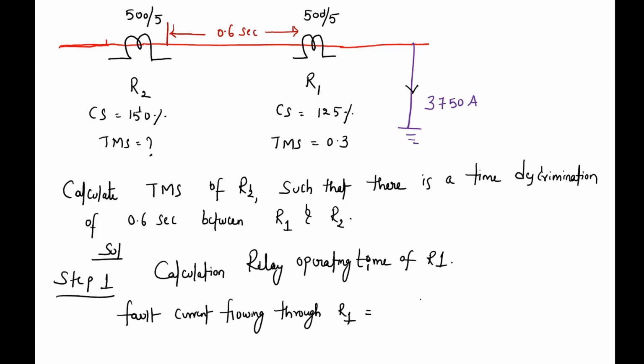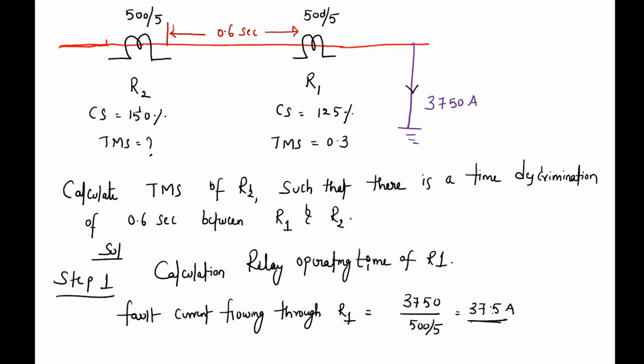Primary fault current divided by CT ratio: 3750 divided by the CT ratio 500/5, that is 100. So 37.5 ampere will flow through the relay.